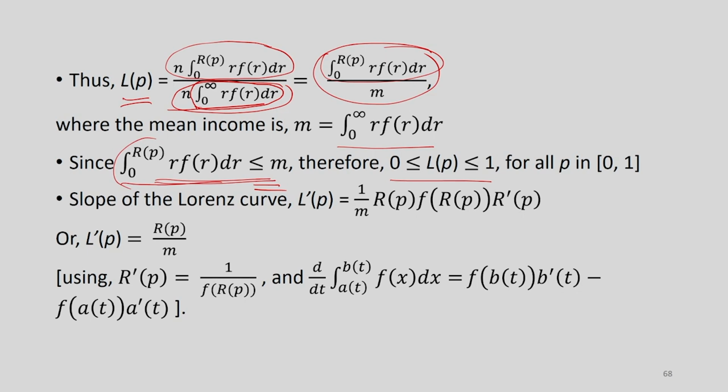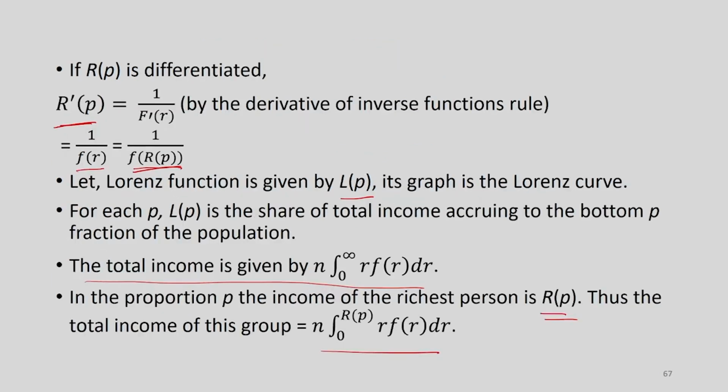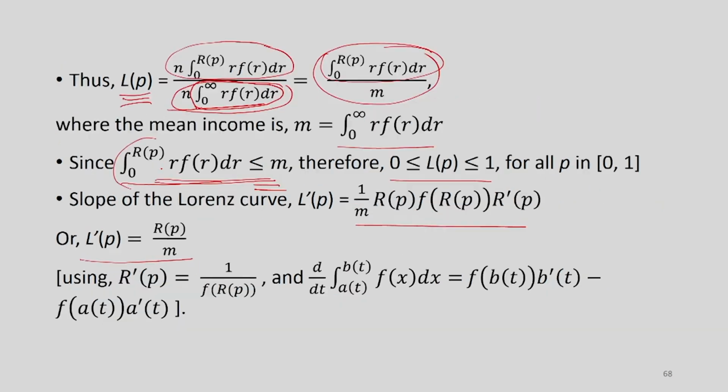Okay. Now, what is the slope of the Lorenz curve? That also we can find out if I take the derivative of this L(p), and this turns out to be 1 divided by M. M, remember, is the denominator, it comes out, multiplied by R_p multiplied by f of R_p times R prime p, and this simplifies to R_p divided by M. Here I have used this relationship, that R prime p is equal to 1 divided by f of R_p.